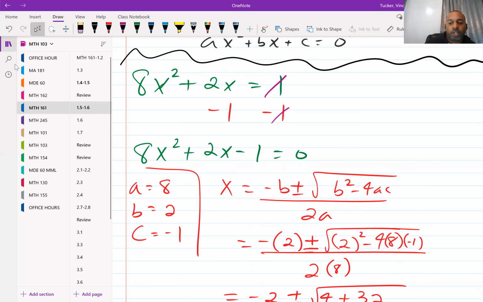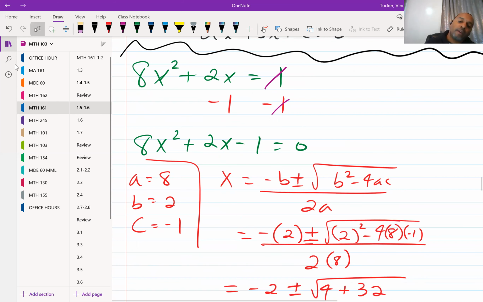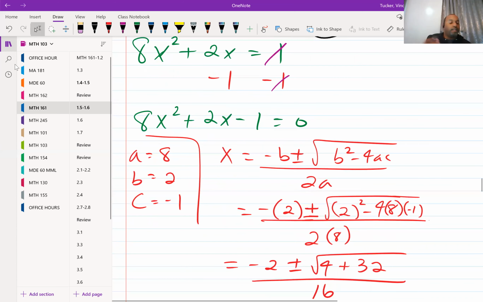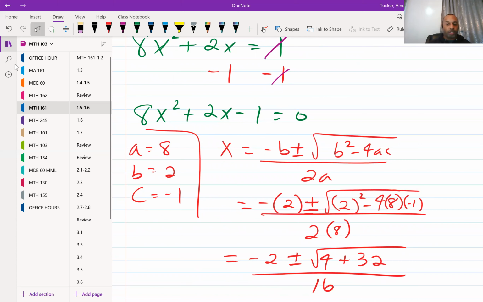Now we can simplify what's under the radical. 2 squared is 4. -4 times 8 times -1 is positive 32. 4 plus 32 is 36.